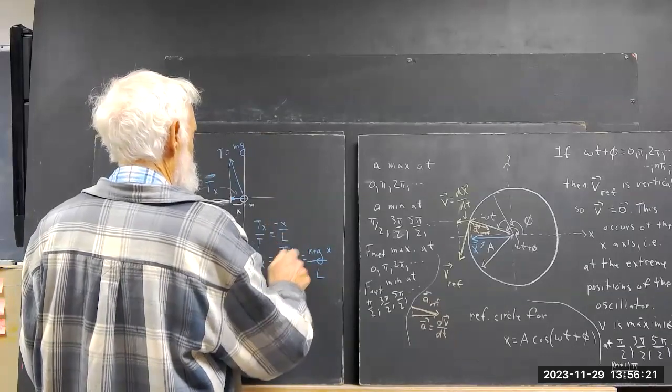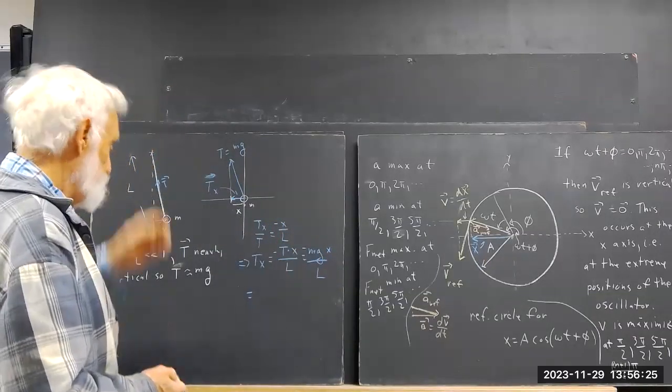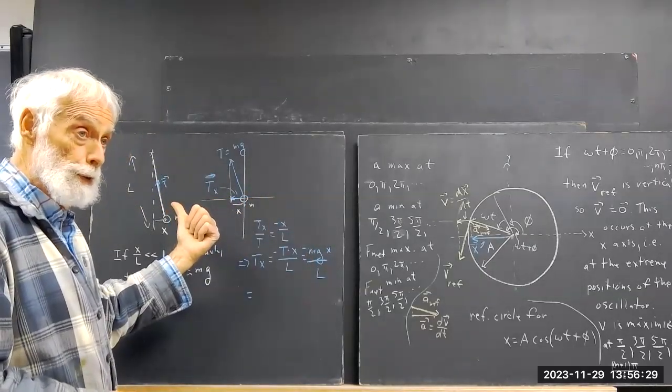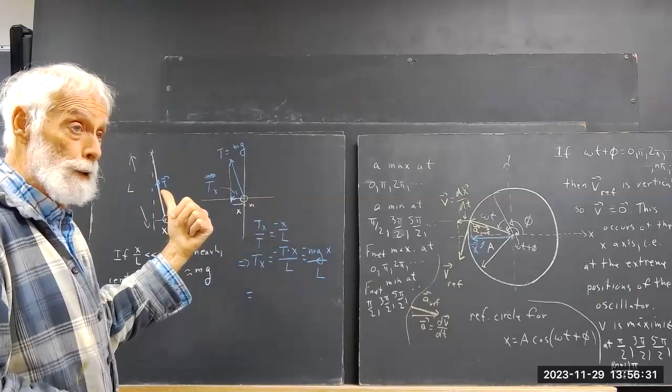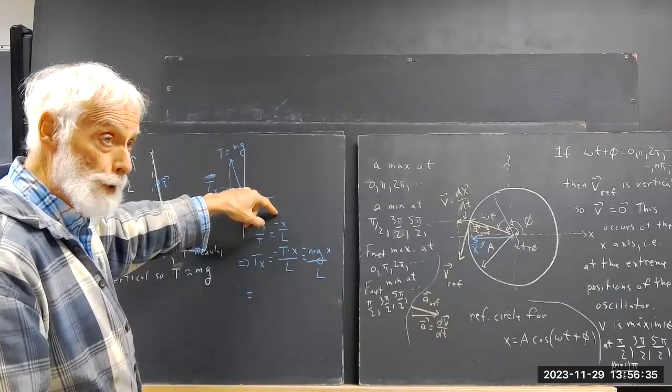To be consistent, X is in this direction, the tension is in this direction, so X and the tension component Tx are in opposite directions, so I've got to make one of these negative.